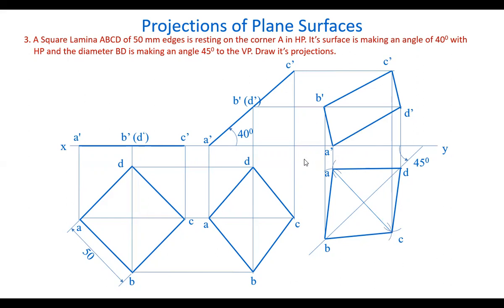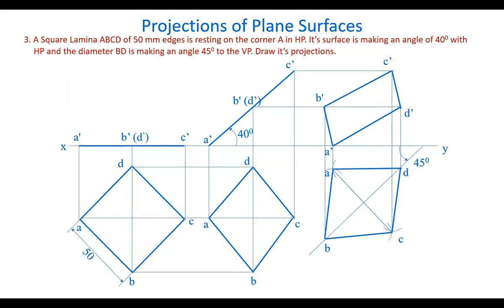Okay, so by saying this, how do you say that this surface is making an angle with both the planes? Yes, it's one question to be asked. Here, in the front view or in the top view, suppose you are able to see its actual shape, then we can say that its surface is parallel to that plane.